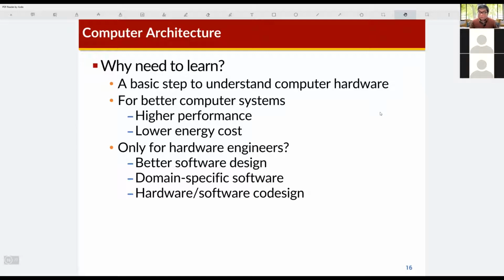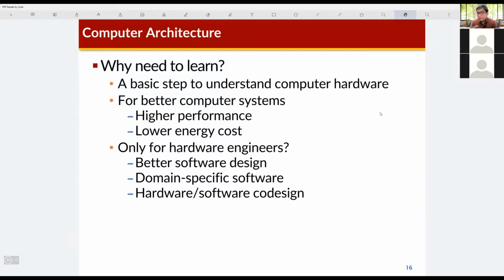That's obvious. Also, as I mentioned about domain-specific architecture, it requires specific knowledge of this specific hardware or specific architecture.